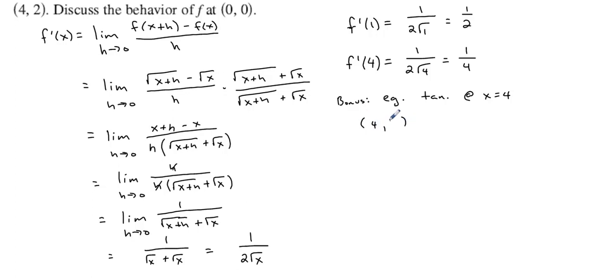They gave it to us, didn't they? What's our slope? Which means, what is f prime of 4? That's 1/4. Okay, y minus 2 equals 1/4 times x minus 4. Not too bad, is it?